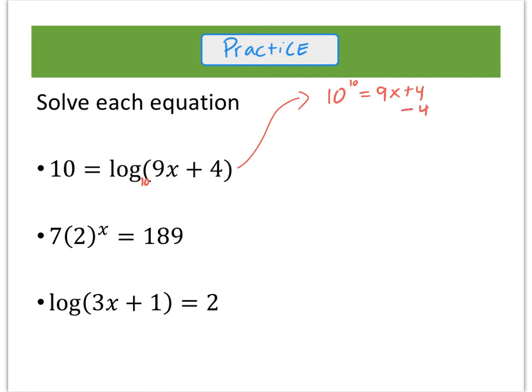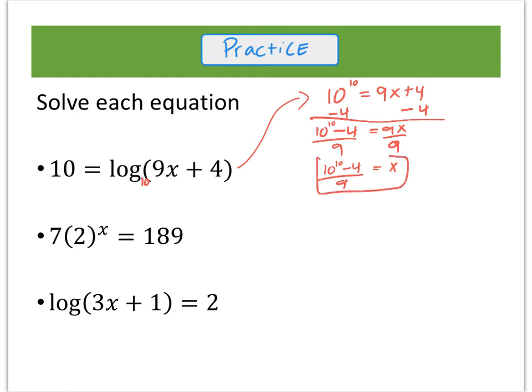I'm going to subtract 4 from both sides. So I get 10 to the power of 10 minus 4 equals 9x, and we'll divide by 9. So x equals 10 to the power of 10 minus 4, divided by 9. This is just a gigantic number, and so you can put that into a calculator, but the same idea applies.